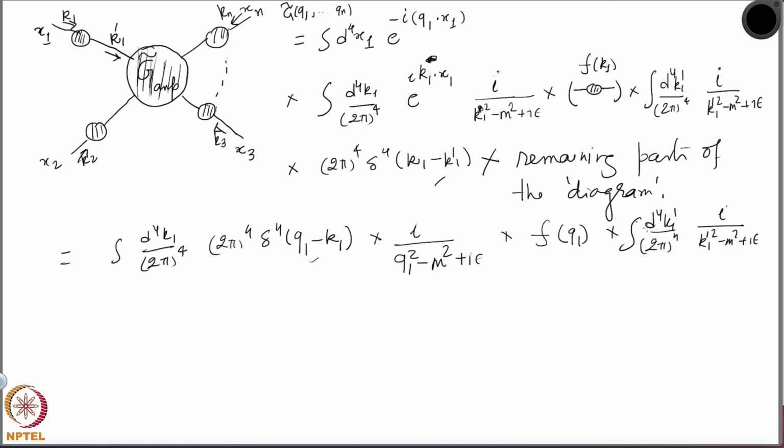So let me just remove all this and write i over q1 square minus m square plus i epsilon times the remaining parts of the diagram.